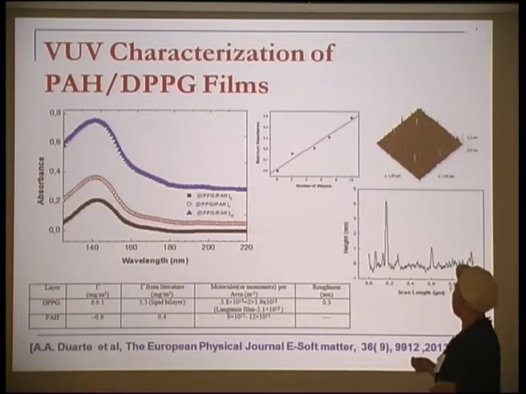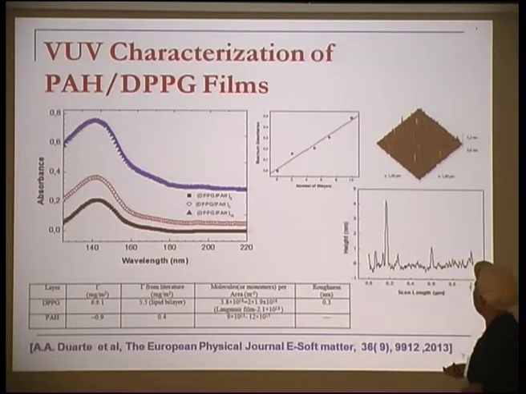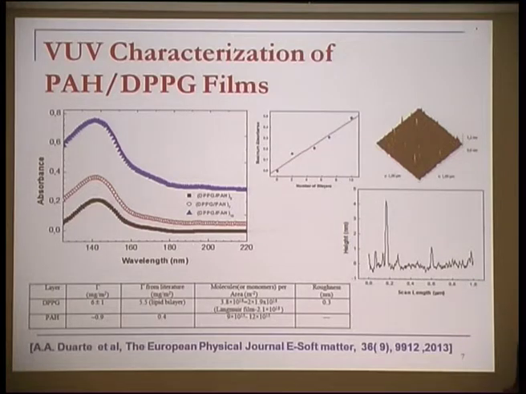Molecules per area is double the values in the Langmuir tube, which indicates that we have a lipidic bilayer. Also, the roughness of these films is very low. These films are flat.